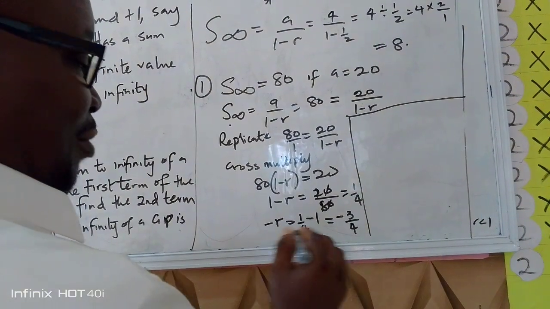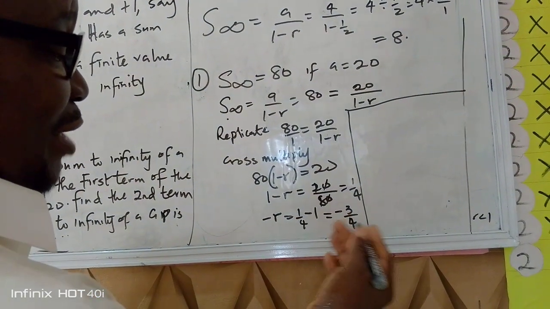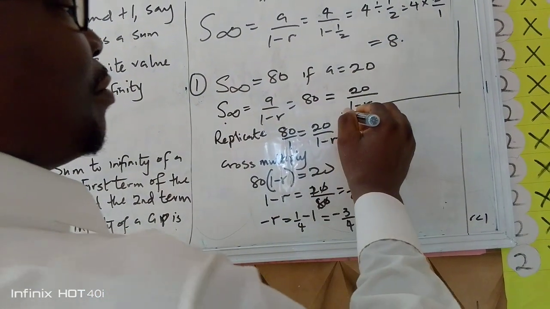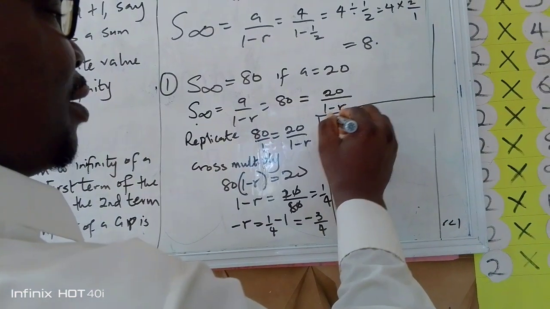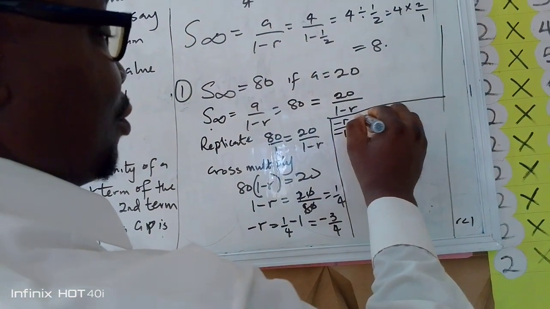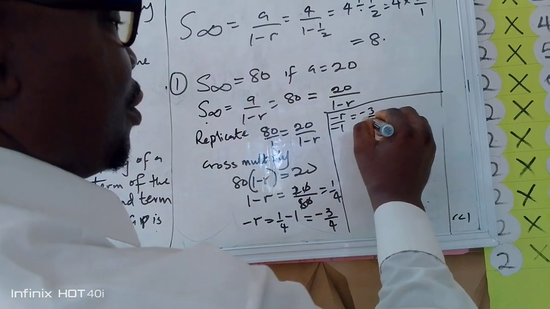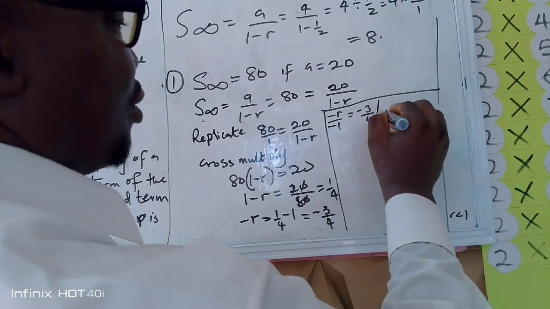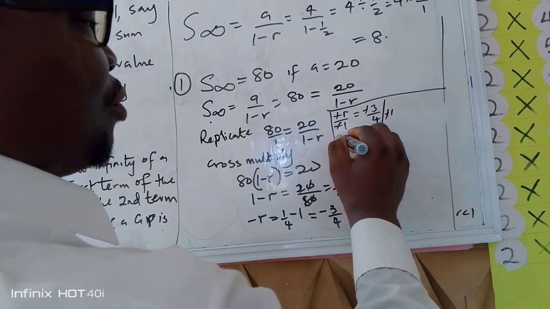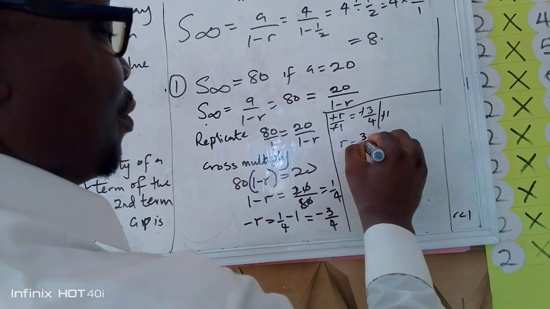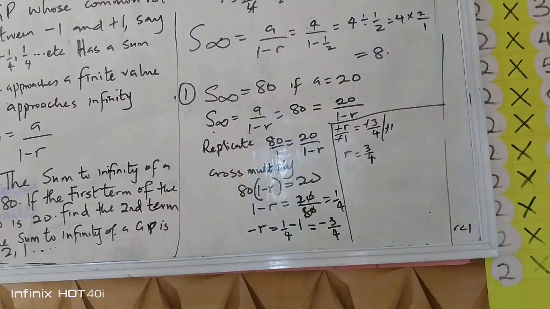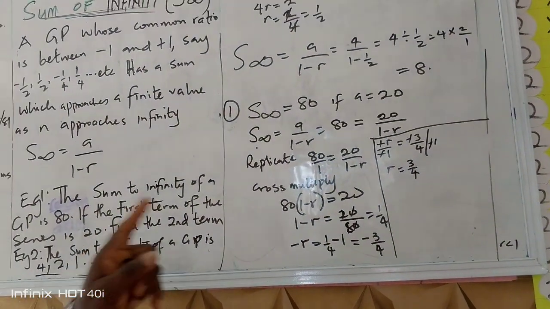Therefore, if I divide through by -1, I will have minus r all over -1 equals minus 3 over 4 divided by minus 1. This will cancel out, so my r will be equal to 3 over 4. Now the question says find the second term.